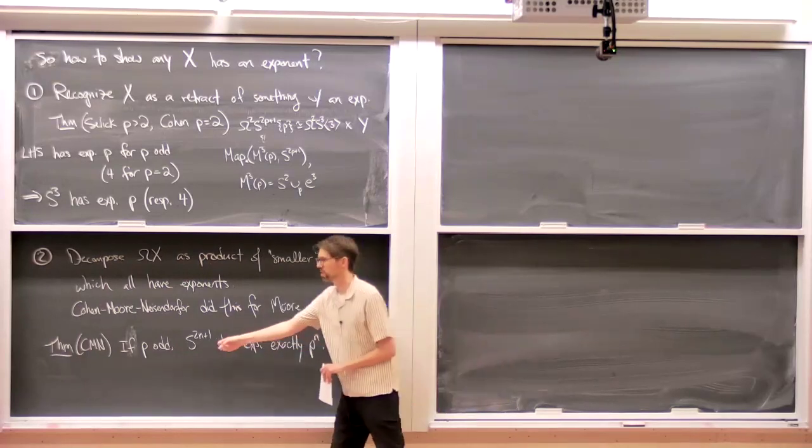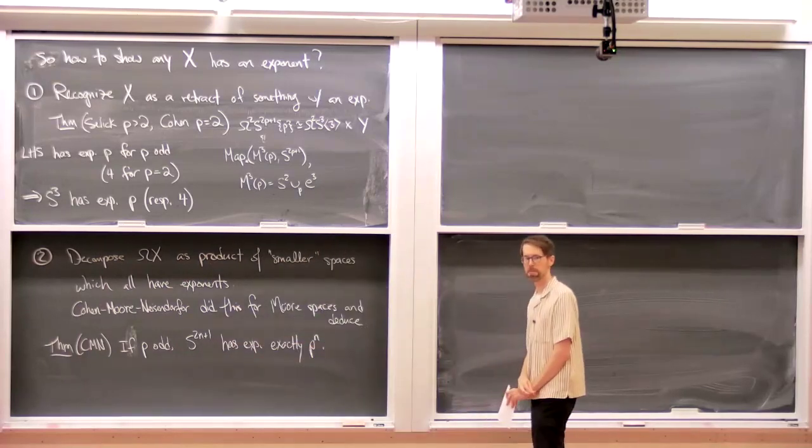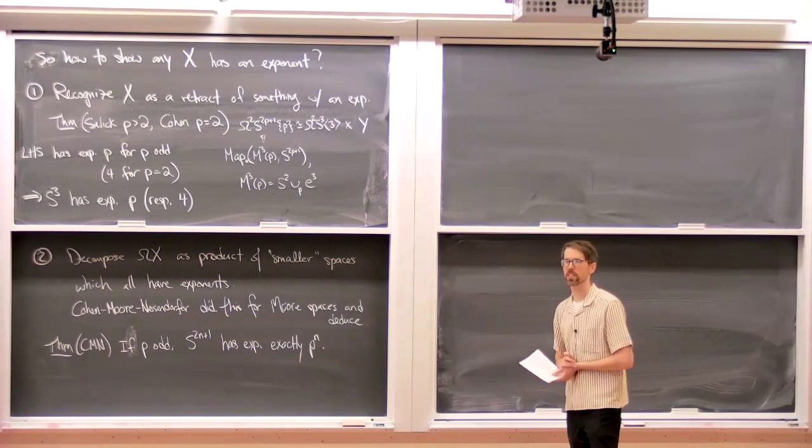Right, so when n is 1 and this is the 3 sphere, it's just saying you have exponent P, and this is how it generalizes. Yeah.